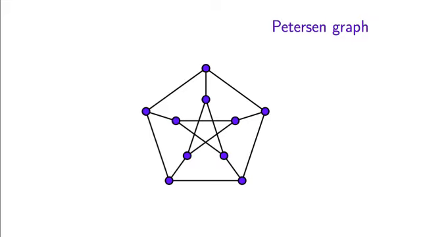Let's see another example. Let's say we have the Petersen graph. This is a graph that is 3 regular and has 10 vertices.